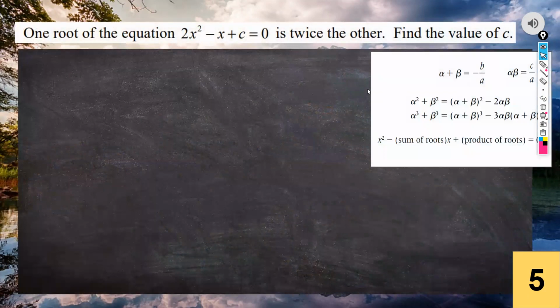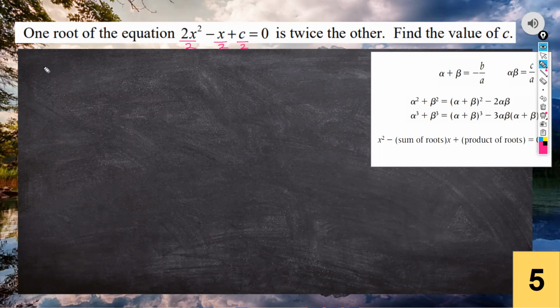I couldn't resist putting this one. So I think the first thing we have to do is divide throughout by 2. That's the one. We should divide everyone throughout by 2.